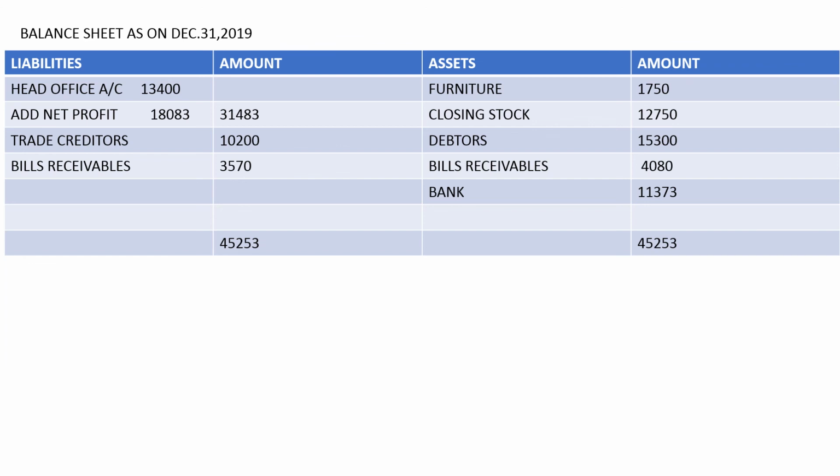On the asset side, furniture 1,750. Closing stock 12,750. Debtors 15,300. Bills receivable 4,080. Bank account 11,373. The total of balance sheet is coming 45,253. Both sides show that the conversion, trading profit and loss account and balance sheet are correct.